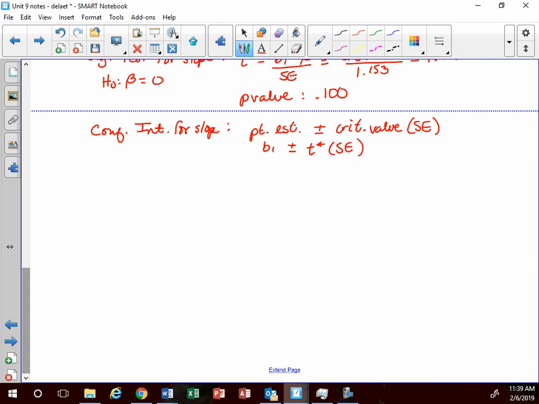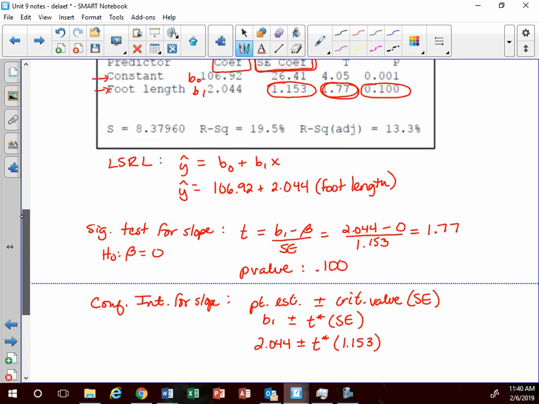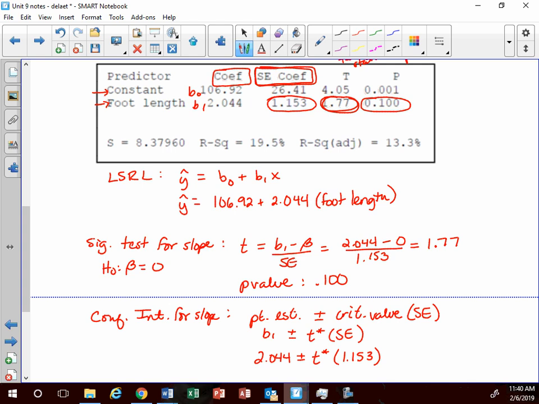So for what we've been given so far for this confidence interval, we could do the 2.044. That's my b sub 1. Don't actually know the t-crit just yet. But what am I going to plug in for standard error? 1.153. We're using that again, yes. Okay. So we need more information to actually calculate what kind of confidence interval we're looking for. But those are the pieces that you actually pull from the computer printout. Okay, so those are the ones that matter.